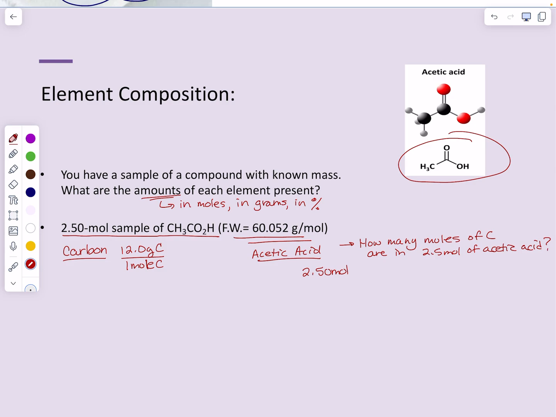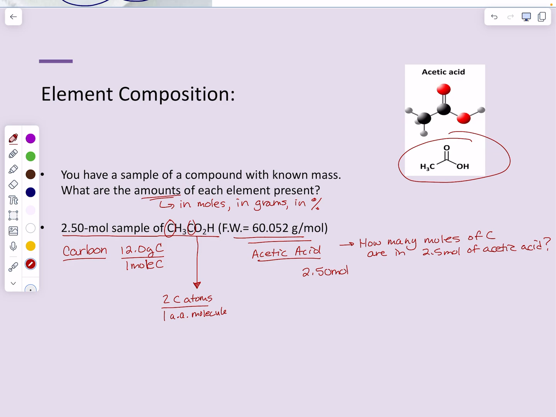So I've got 2.5 moles of that. So I have to figure out how many carbon atoms are in my compound. How many carbon atoms are in 1 molecule of acetic acid? I've got 2, right? 1, 2. So 2 carbon atoms per 1 acetic acid molecule.